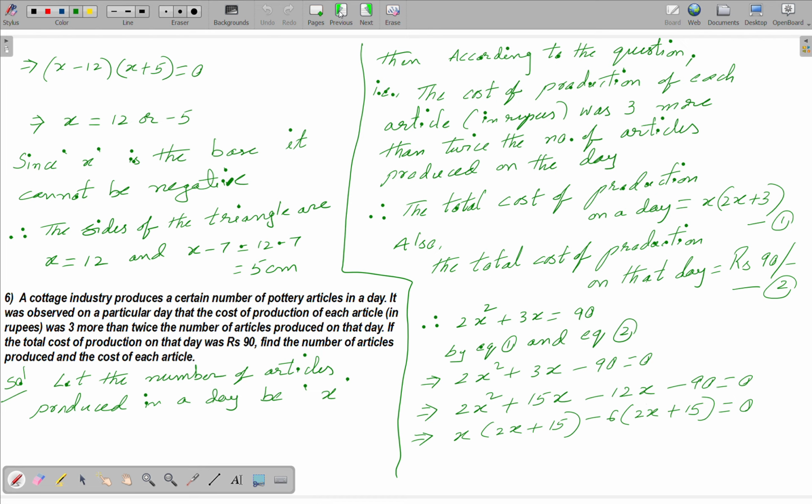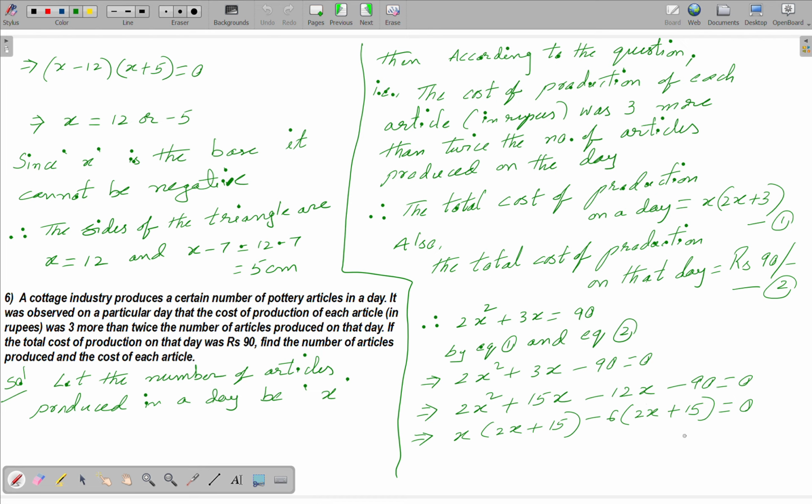The equation according to the question we simplify by taking x common: x into 2x plus 15, minus 6 common for the fourth term. This becomes like this.